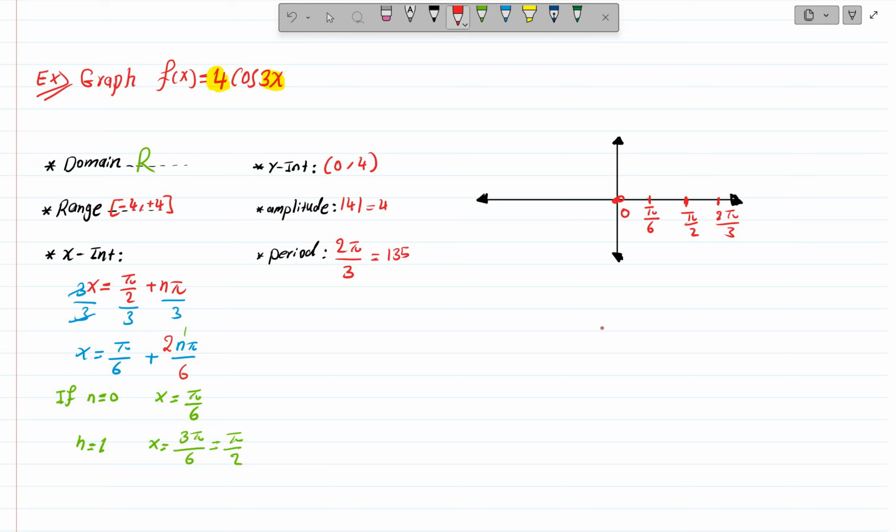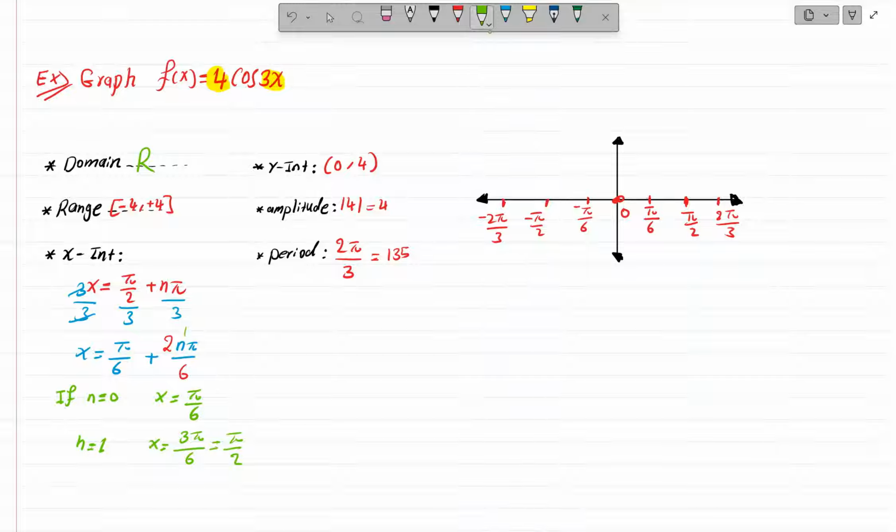Okay. From the other side we have the same values. We have negative pi over 6. We have pi over 2. And also we can write negative 2 pi over 3.